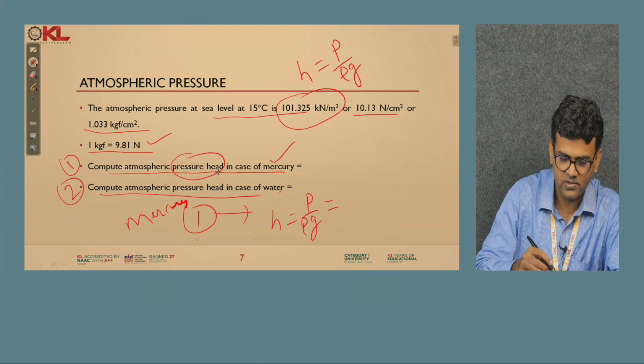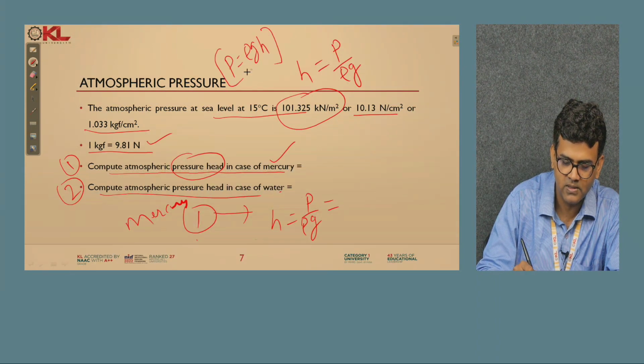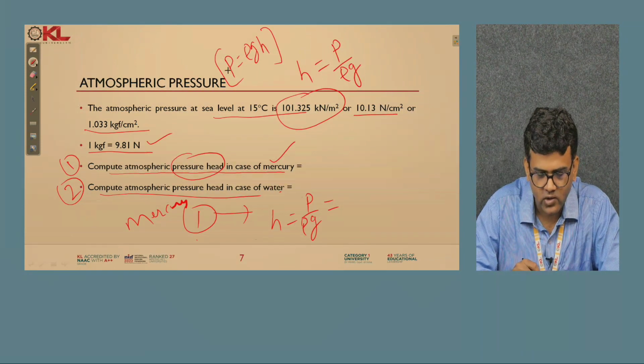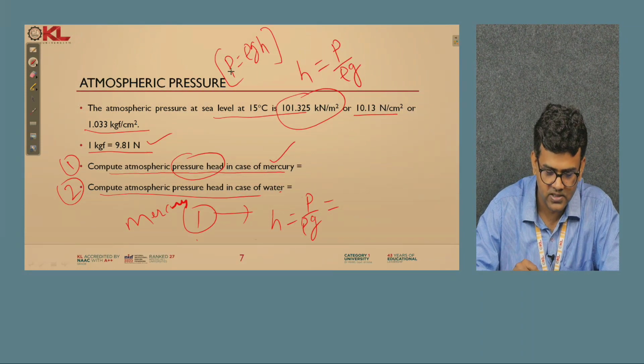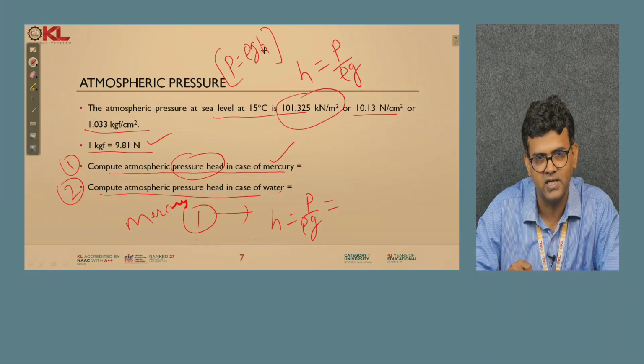In P equal to rho g h, P is the pressure and h is the pressure head corresponding to this pressure. If this pressure is atmospheric pressure, then this head is called the atmospheric pressure head.